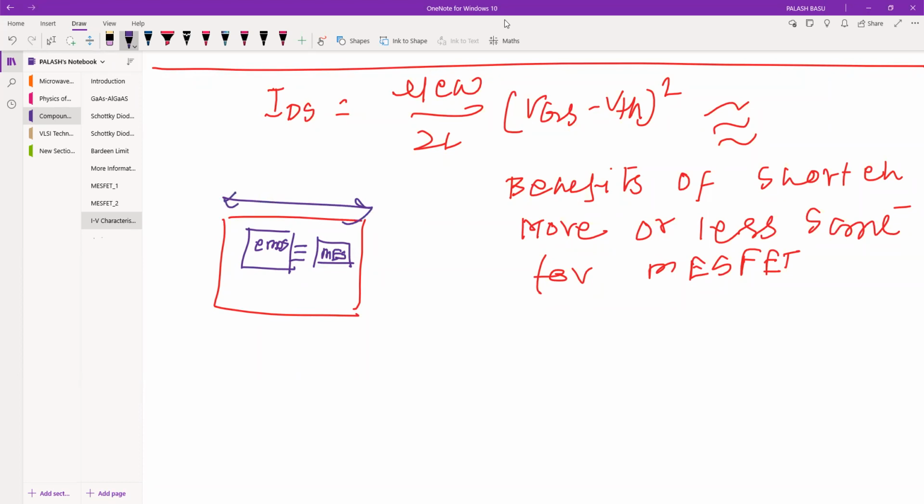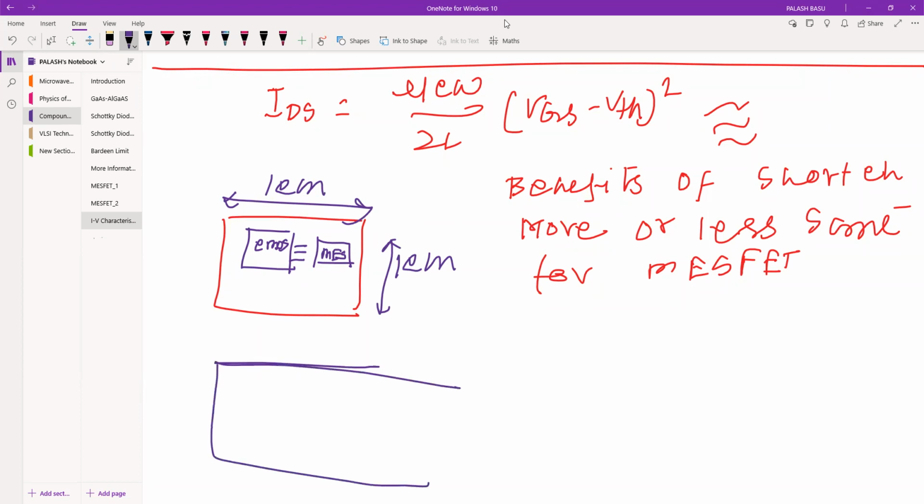Suppose it's 1 centimeter by 1 centimeter, so here you can accommodate CMOS and MESFET all together. But if your MESFET is very big, with the same CMOS, the overall PCB size is really high.